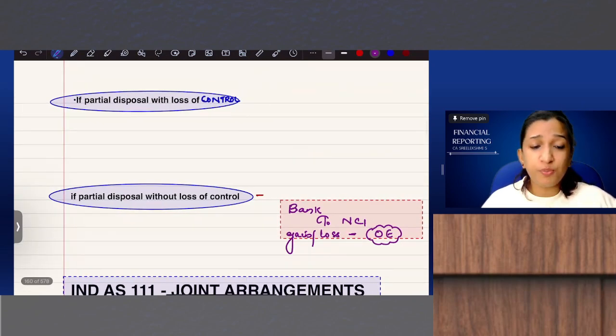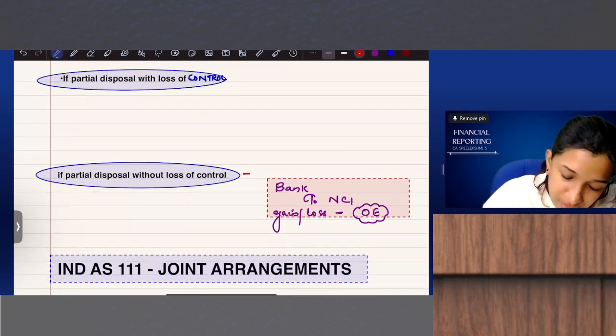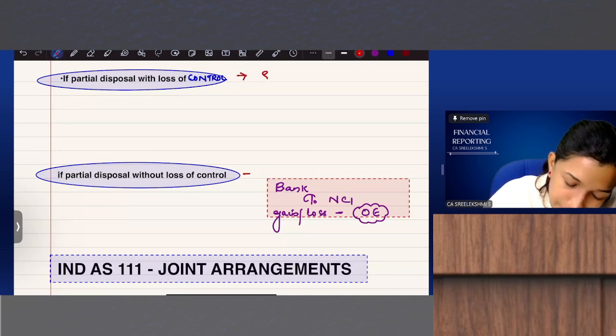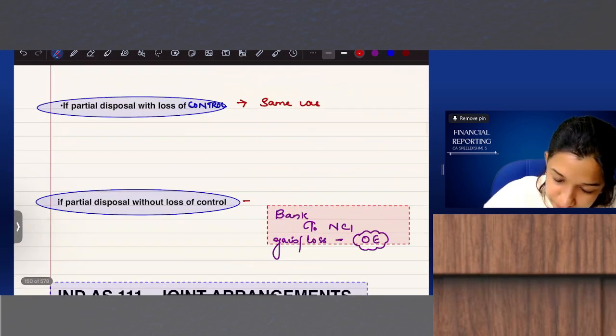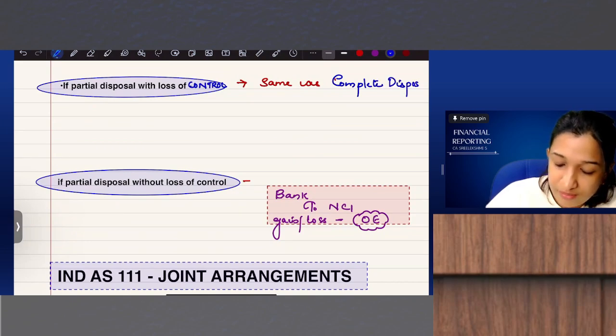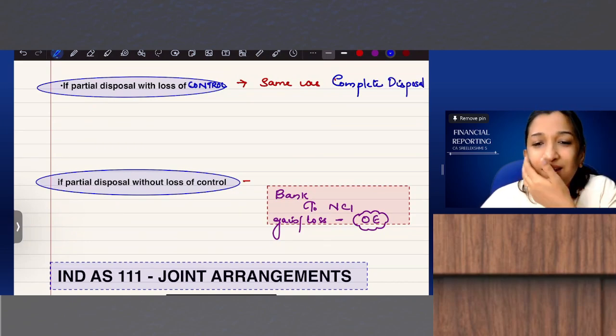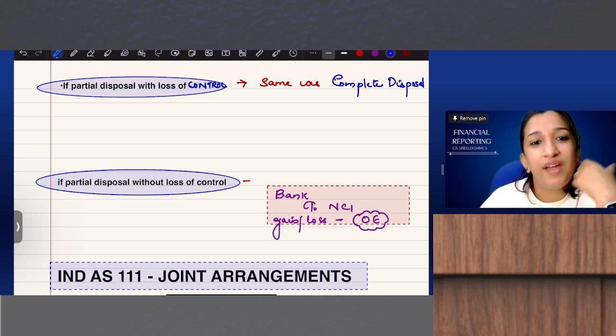Now, if partial disposal with the loss of control, then same as complete disposal. But there is a difference. You said same? Yes, the only new thing is that the remaining investment should be recorded at fair value.